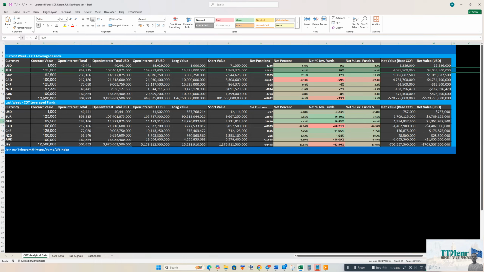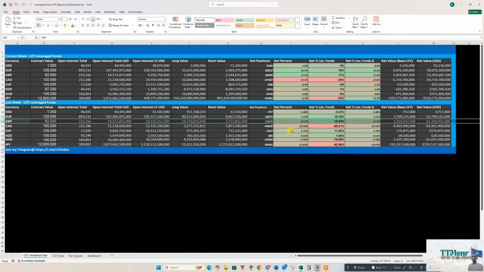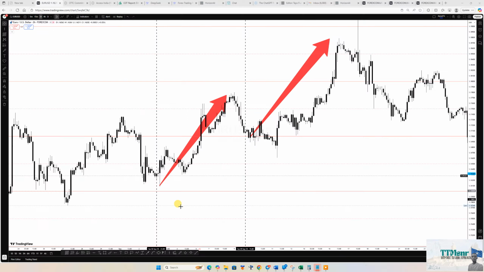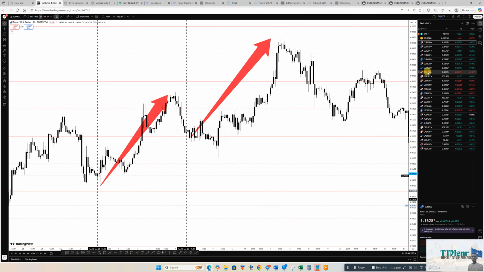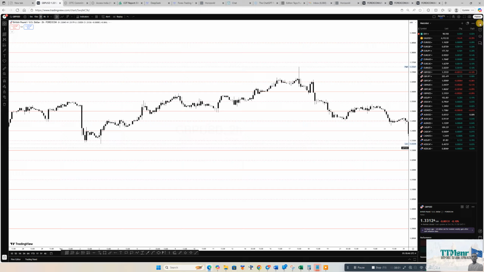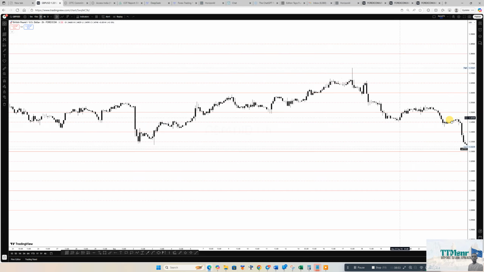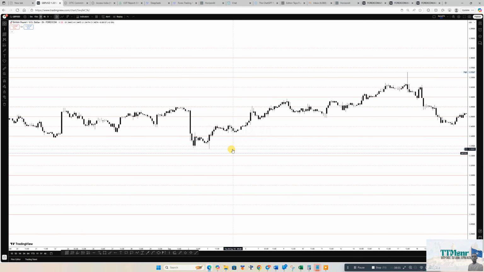Let us go to the GBP. This week was positive, right? This is September 2. So if we go to GBPUSD, one of my favorite ones, let us go to September 2.